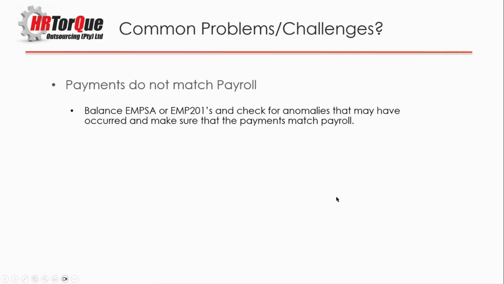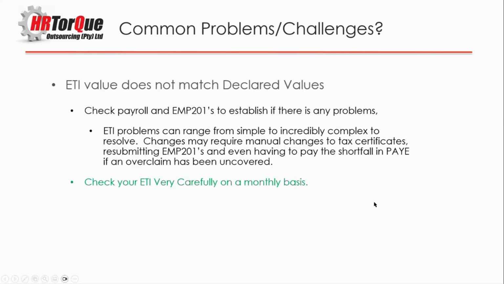And moving on from there, we get into the ETI values not matching the declared values. All right, so ETI problems can range from fairly simple, you left out a digit or something along those lines, to really complicated changes that are extremely difficult to resolve.